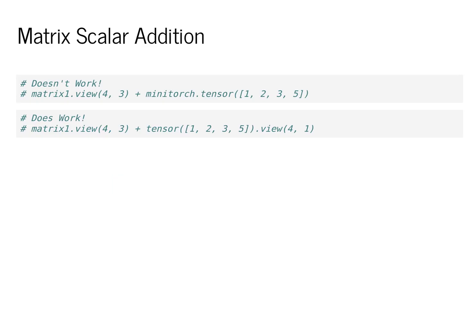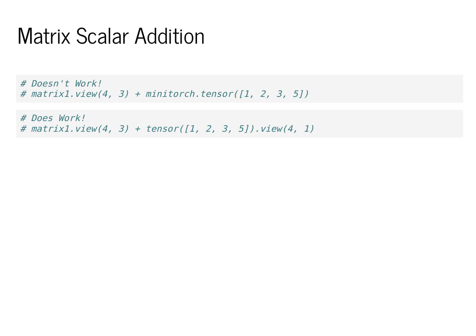Here are some examples that don't work. If I try to broadcast a matrix that's 4 by 3 by a vector that's shape 4, this doesn't work out. That's because 4 by 3 doesn't broadcast with 4. You can add as many dimensions of shape 1 to the left, but the dimensions will not line up. I can, however, fix this.